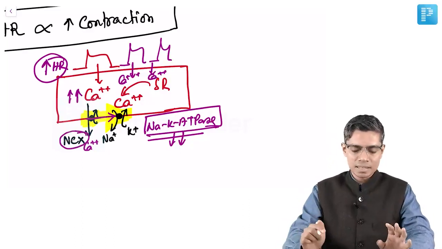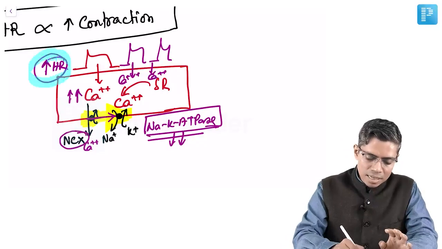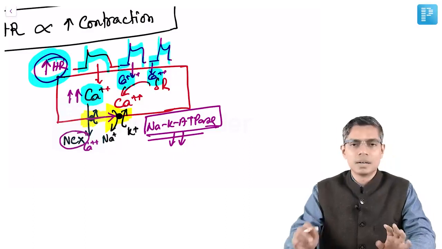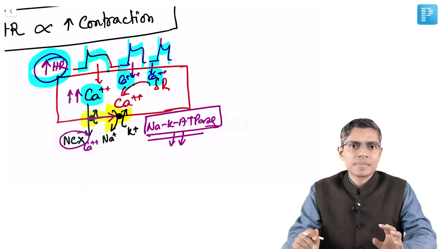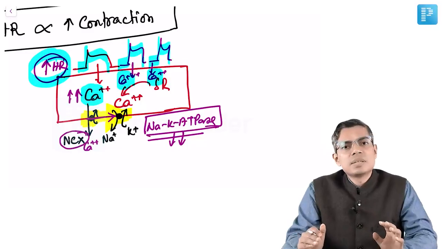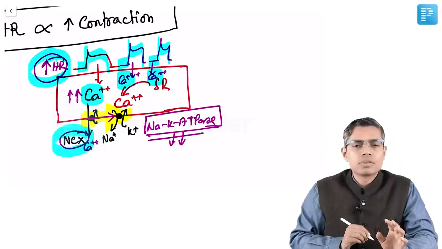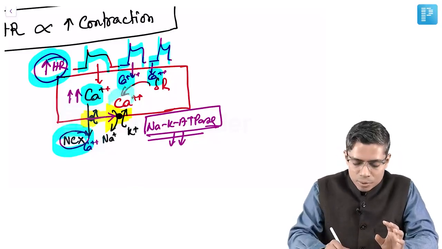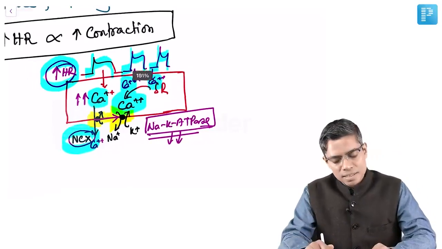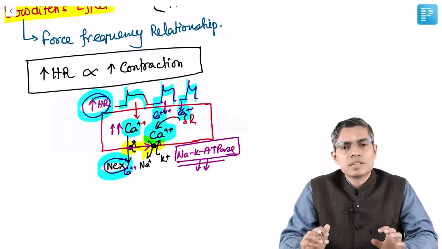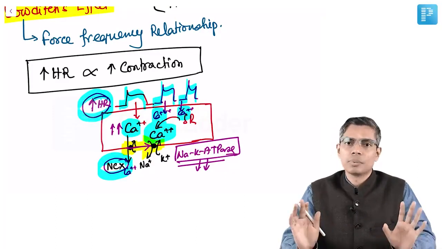If you increase the heart rate, more and more calcium will enter the cell because again and again action potentials are coming into the heart muscles, but the sodium potassium ATPase pump is lagging behind, because of which the NCX is also lagging behind, and that's why a huge amount of calcium will be accumulated in the cell and that will cause increased force of contraction. This is known as Bowditch phenomenon.